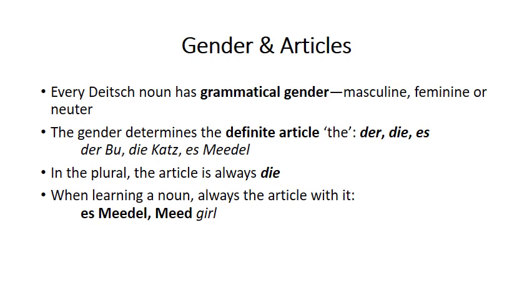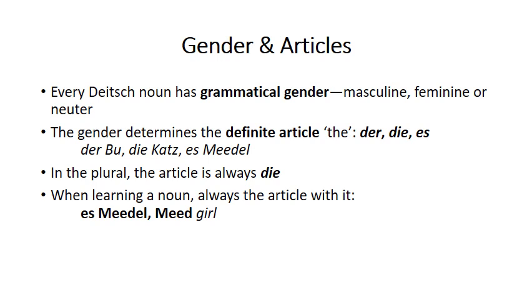Now, the best way to try and learn grammatical gender is to learn it when you learn the noun itself. You should learn the definite article with the noun. So, for example, if you were to learn the word for girl, you would learn es Mädel, maid. Now, the way I've set it up here, the singular comes first, so es Mädel means the girl. And then the second form, maid, that's the plural.